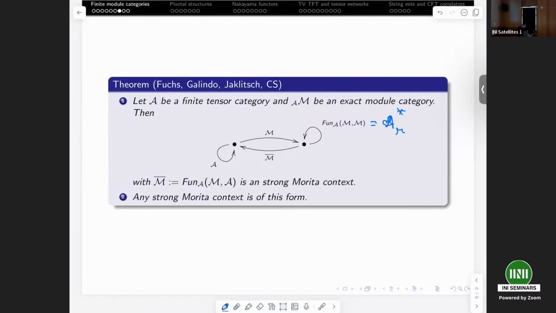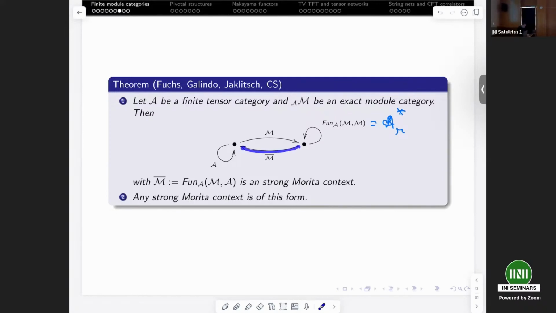Well, in this case, you take A-module functors from M to M. We've learned that for an exact module category, they are automatically exact. So I don't have to tell you right exact or left exact functors. They are automatically strong module functors.